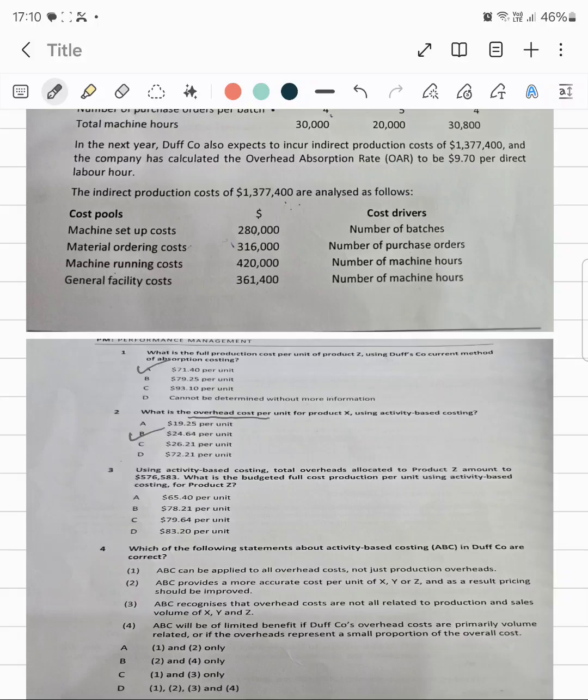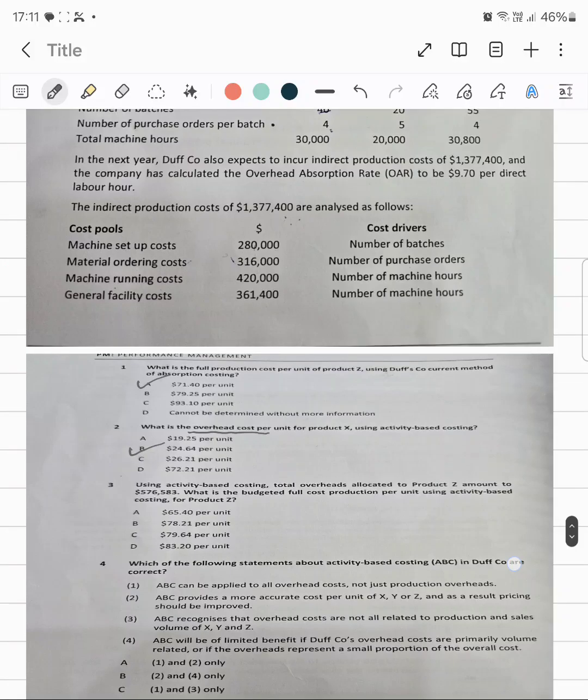Okay, it is asking for the full cost of production. So actually I got confused between the first question and the third question.